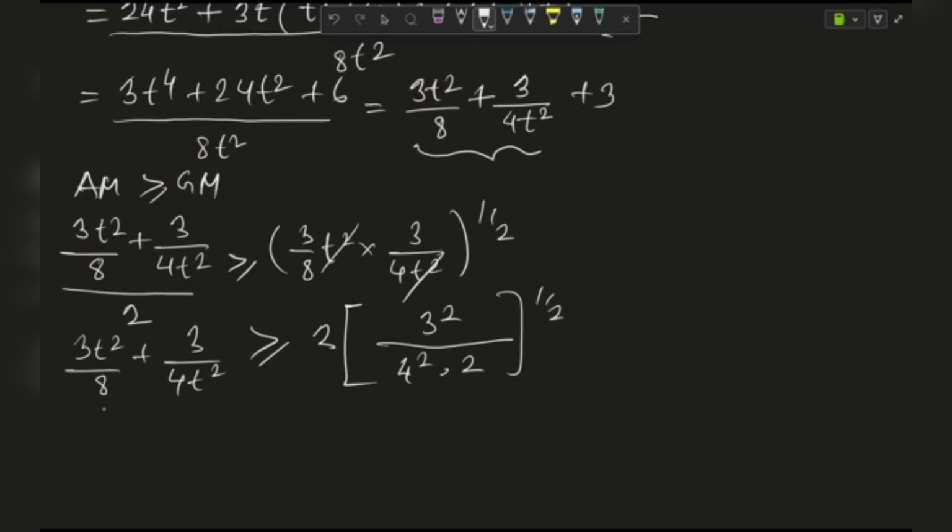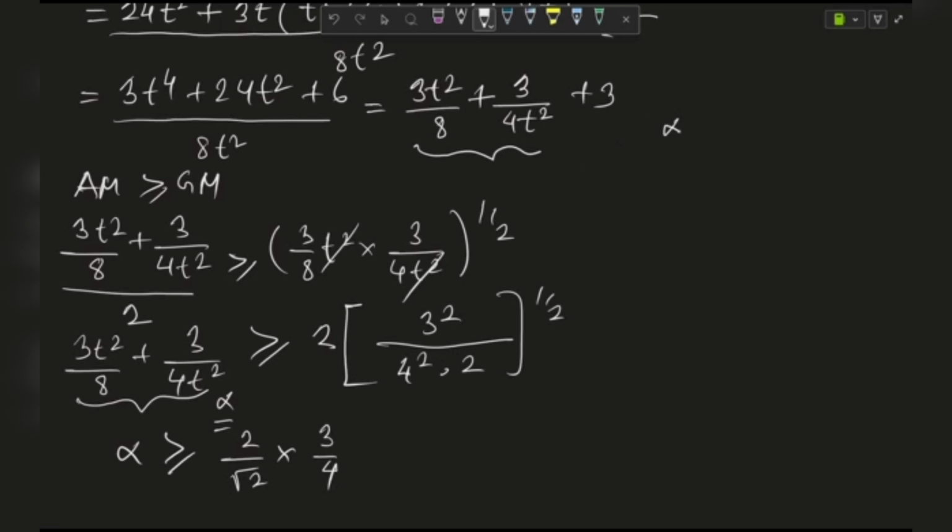So basically if we take this particular thing to be, say, some alpha, then alpha is greater than or equal to 2 by, this will come out to be root 2 from this 2, and 3 square by 4 square, so 3 by 4.